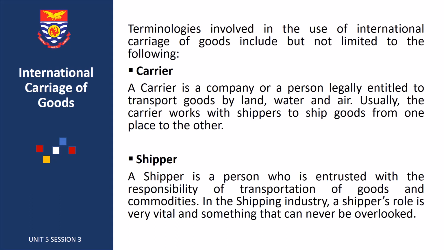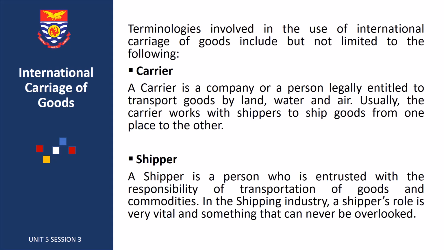So if we give it to a shipper on a ship, it means it will take days. If you give it to a shipper on land, it will take some hours depending on wherever you find yourself. So a shipper is a person that is entrusted with the responsibility of transportation of goods and commodities.